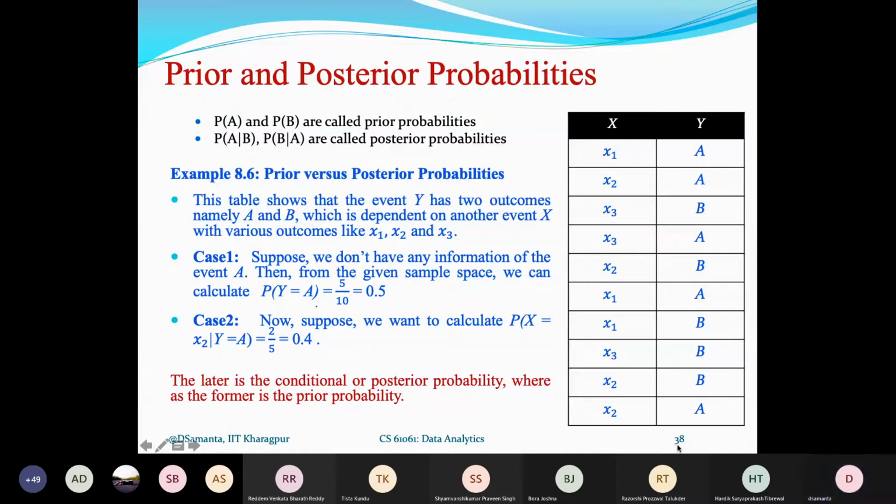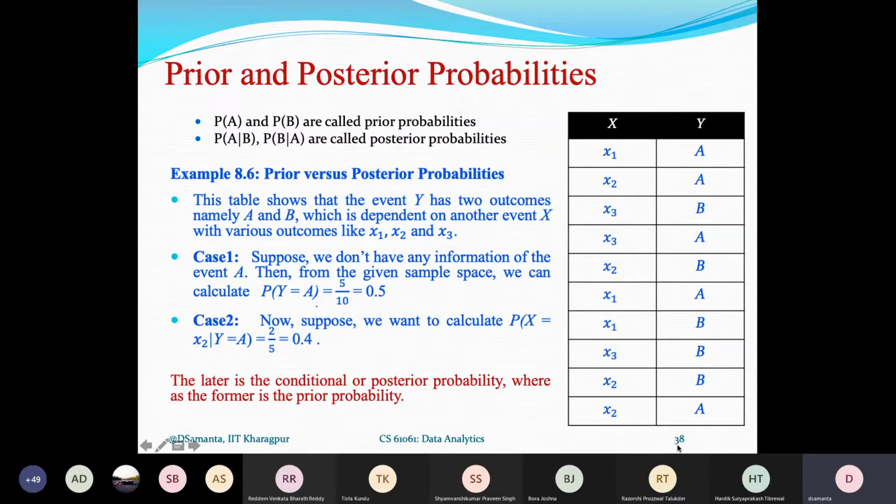Now, let's see how these two probabilities are defined. Here, for prior probability, you see I have listed one table.